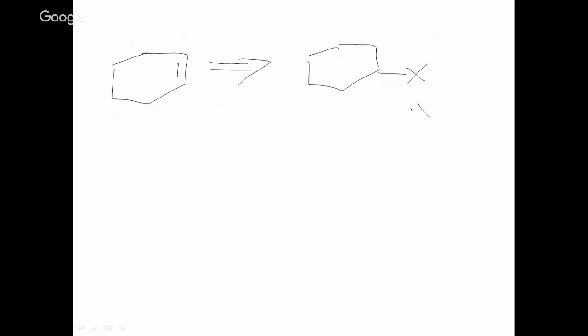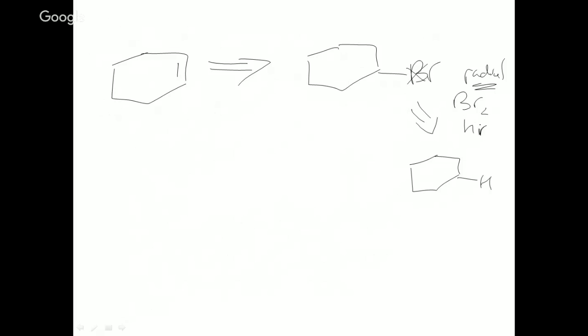Just so you see this, it's sort of a preview of chapter 15, a long way off, but you can replace that H with an X if you use Br2 and heat or light, for example. We'll see this. This is radical chemistry, chapter 15. You just want to put that in your mind. That way you can kind of see that's how you make a bromide.